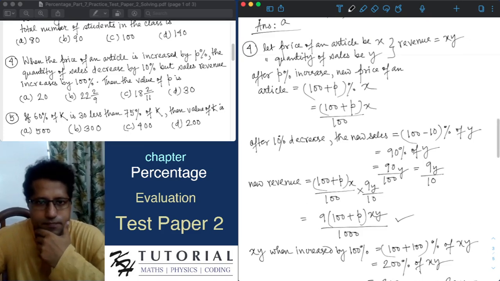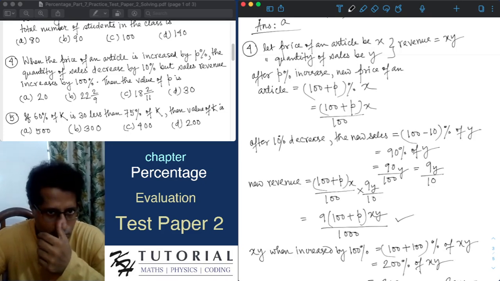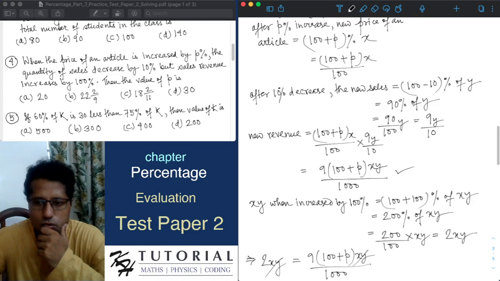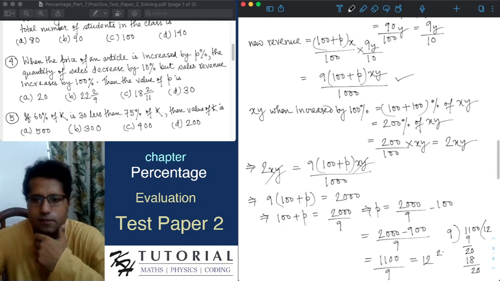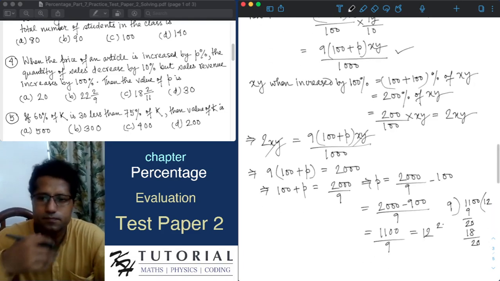The new revenue will be 100 plus P into X by 100 multiplied by 9Y by 10. Now we said that the sales revenue increases by 100%. So when XY is increased by 100%, it becomes 200% of XY, which is 2XY. So 2xy equals 9 into 100 plus p xy divided by 1000.